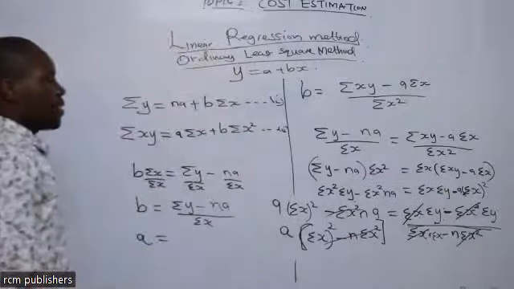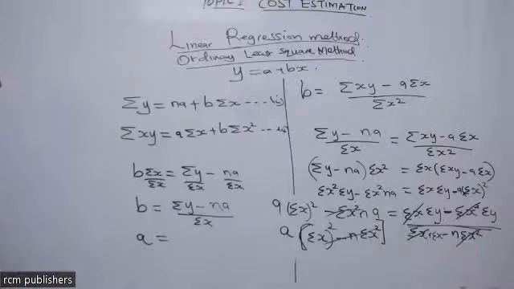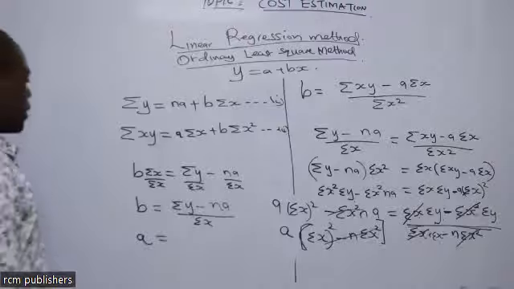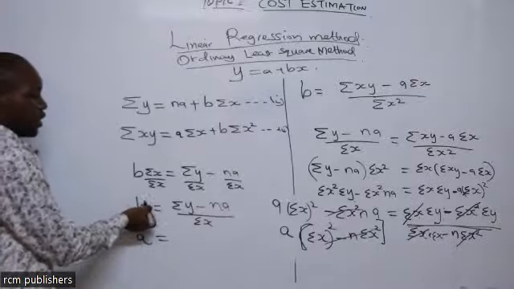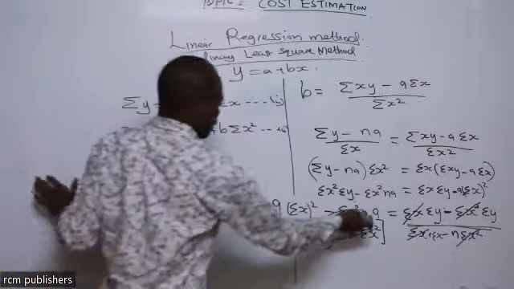Summation of y minus summation of y divided by summation of x minus n. That is what we have there. Now, if we go the B way, that is what we have as the value of A.